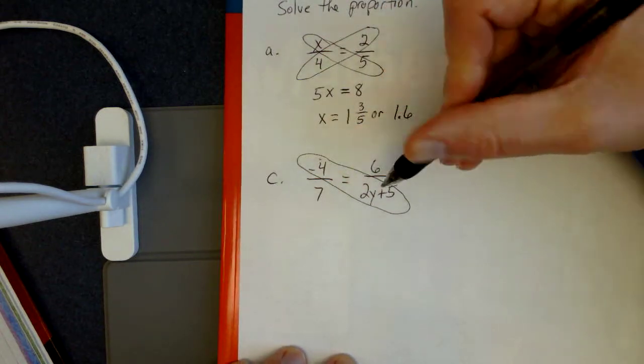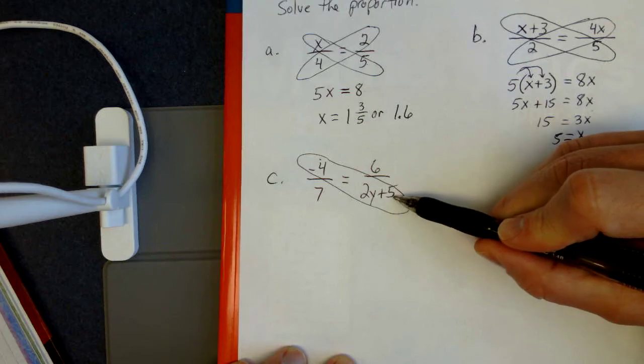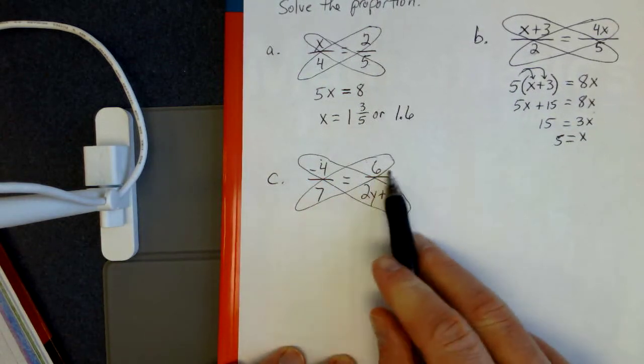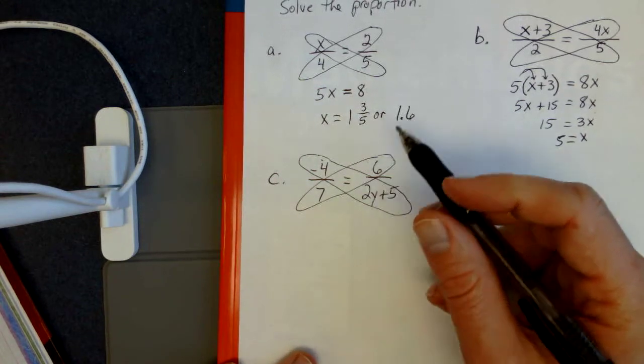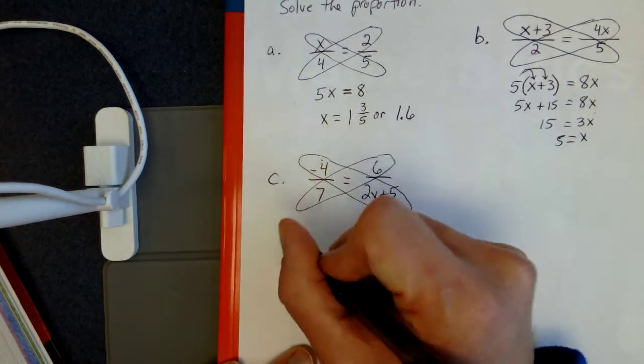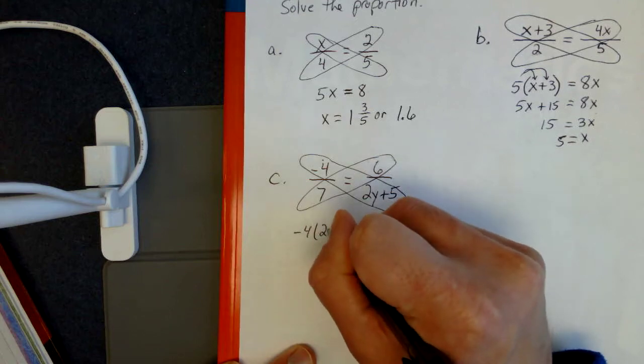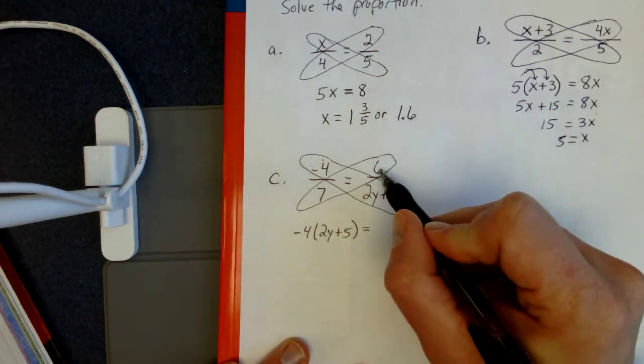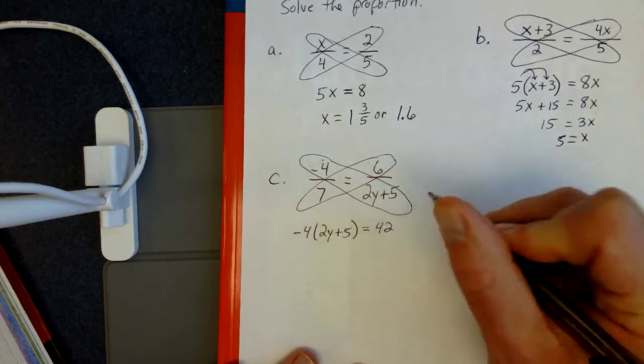When we cross multiply here, once again, you have a binomial, so we're going to treat that as a quantity, which means we'll put parentheses around it. Cross multiply in here. When we put this down here, we're going to have negative 4 times the quantity 2y plus 5. Equal sign goes in between them. 6 times 7 is 42.